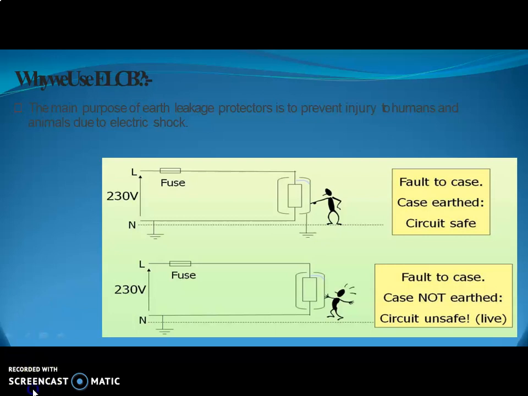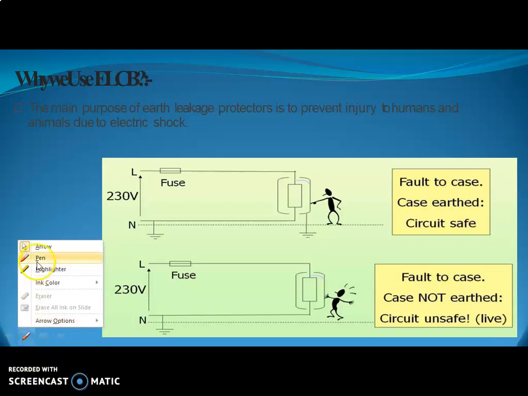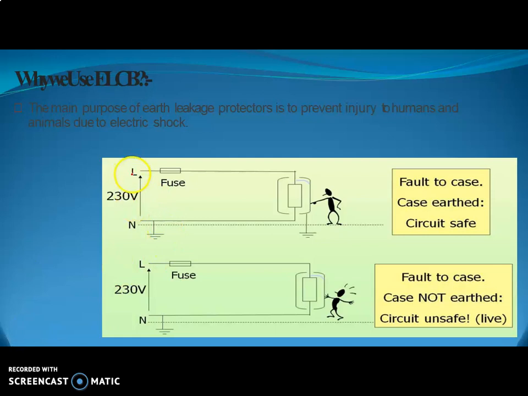Let us see the cases. In the first case, the load is connected and the AC supply is given. When a little fault occurs and thus the body of the equipment is live, whenever the human being touches the body of the equipment, the human being will get protected, as the whole current starts flowing through the low resistance earth path.